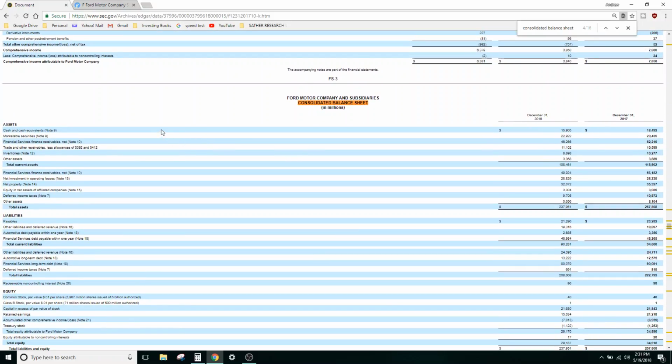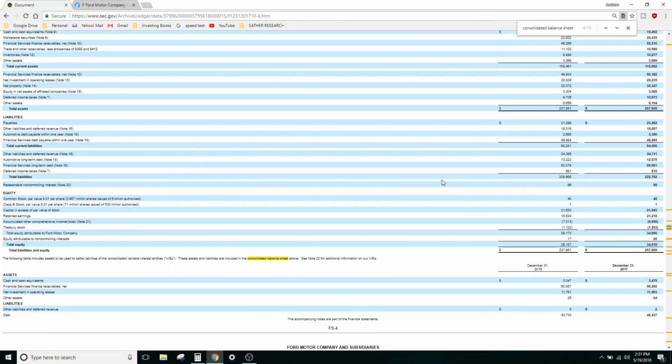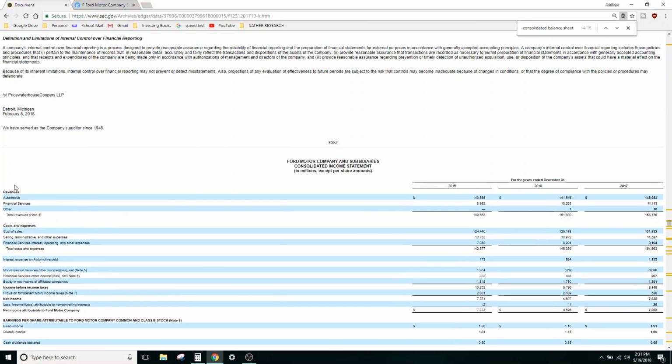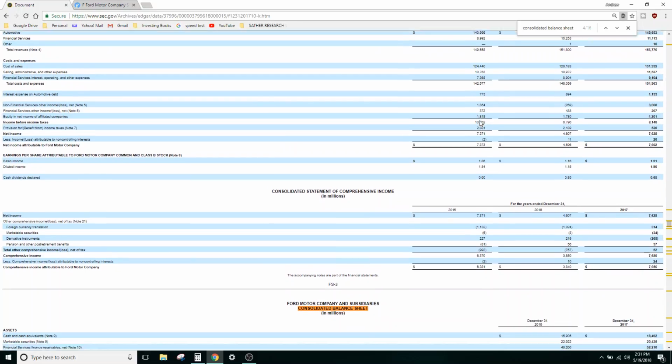But they can categorize their little categories as much as they want, but the main ones, assets, liabilities, equity, those are always there. Every company has to report that, no matter how they categorize the little stuff. Earnings, revenue, dividends, right? Those are all stuff every company has to do.